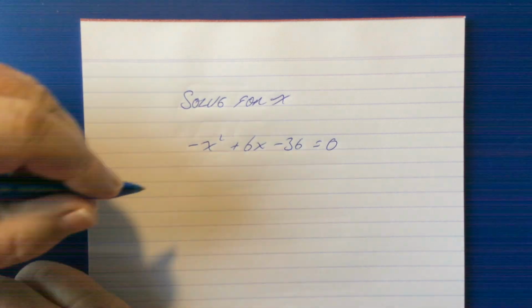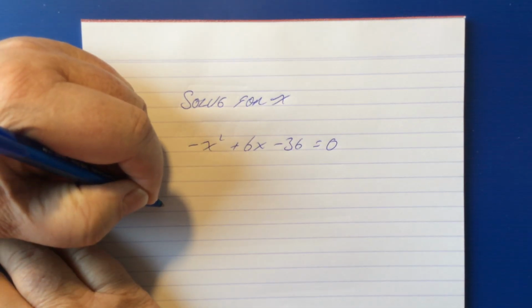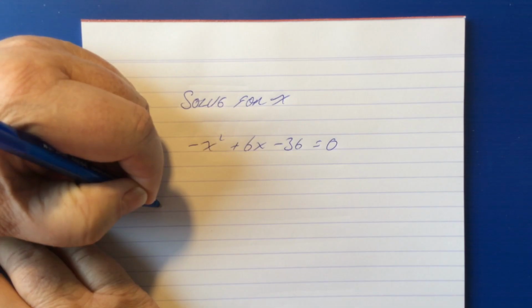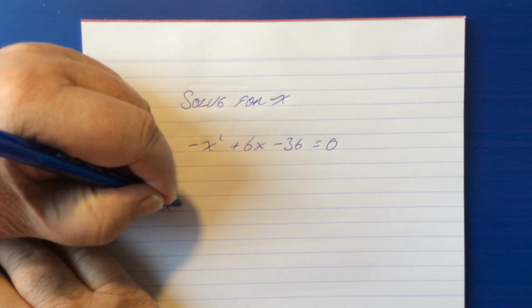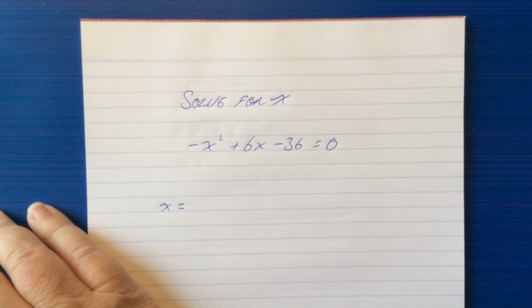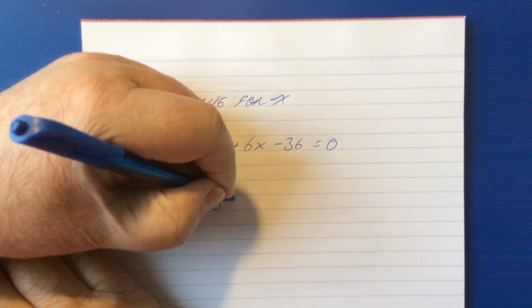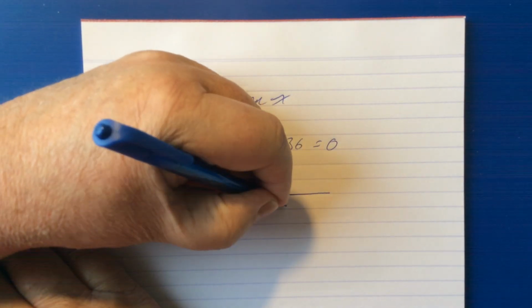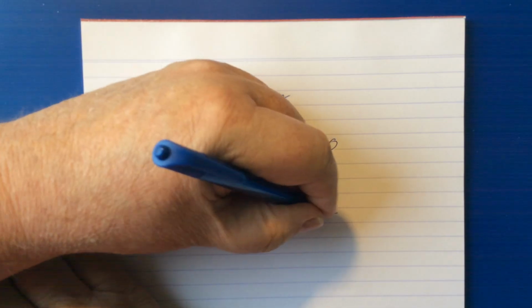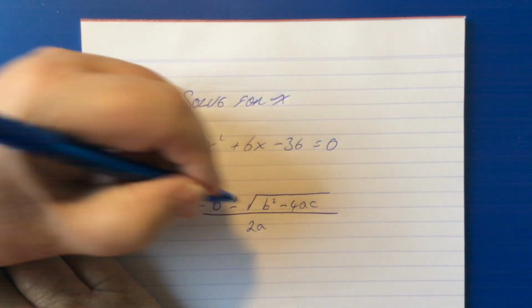So what I'm going to do is use the quadratic formula to solve this. So negative b plus or minus the square root of b squared minus 4ac all over 2a.